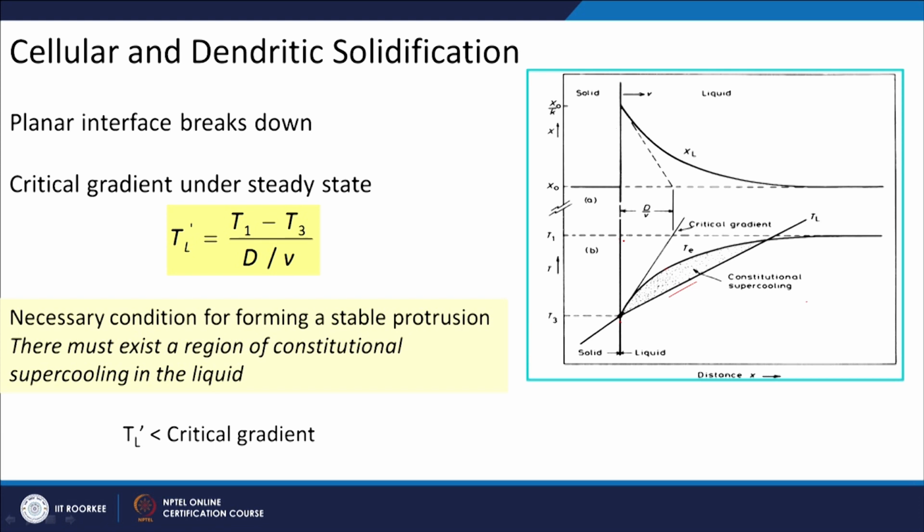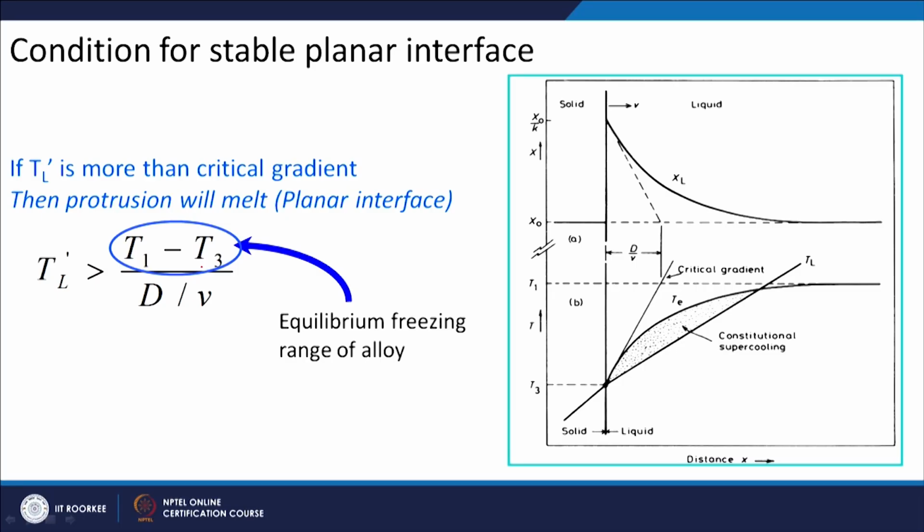So, the necessary condition for forming a stable protrusion is that there must exist a region of constitutional supercooling in the liquid, and my superimposed temperature gradient should be less than the critical gradient. If I am not able to maintain this, then I will have a condition where some material will be transforming at a much faster rate, where the undercooling is taking place.